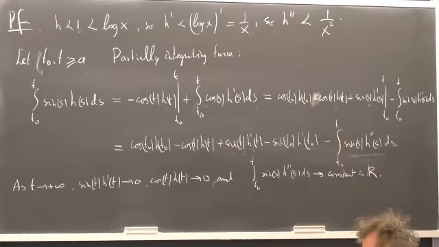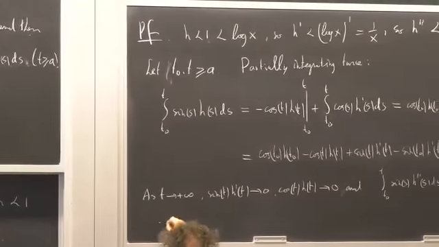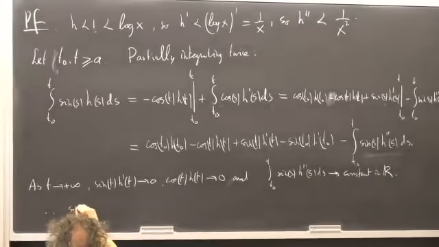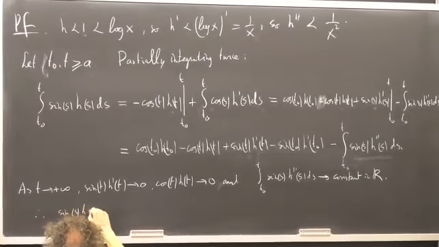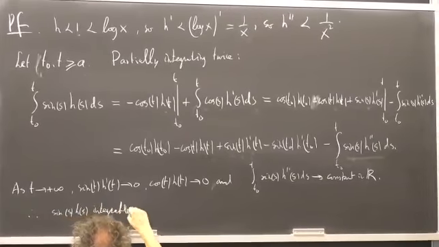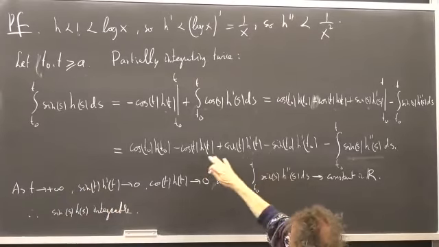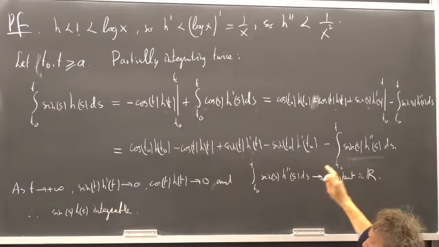h double prime is so small. And that means what we have shown now is that sine s h(s) is integrable. If you let t go to infinity, all the terms here go to 0 and this goes to a constant.